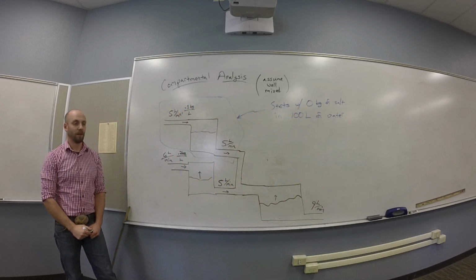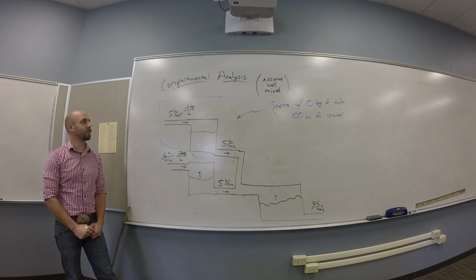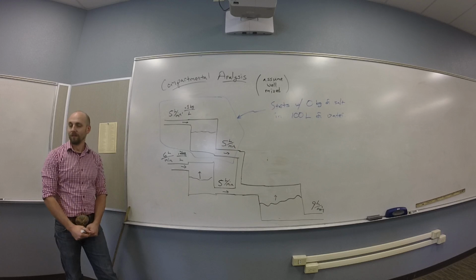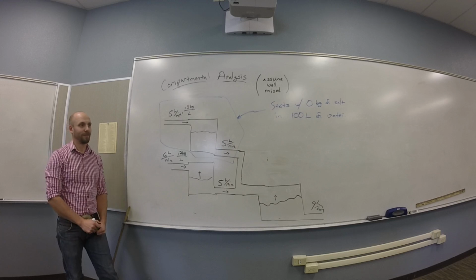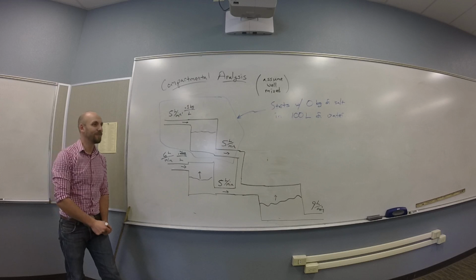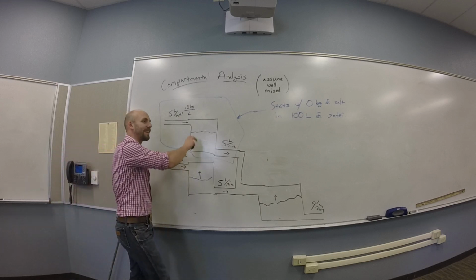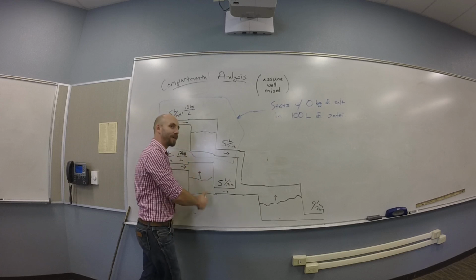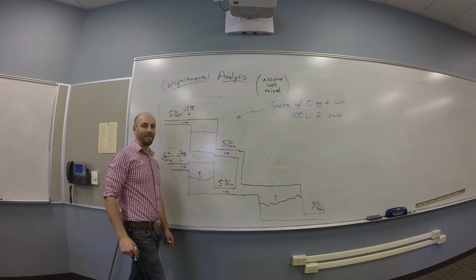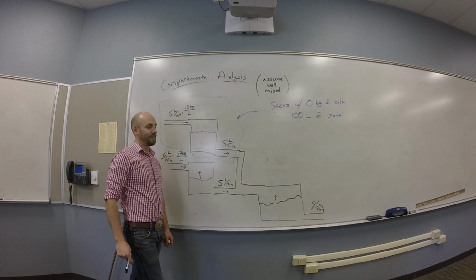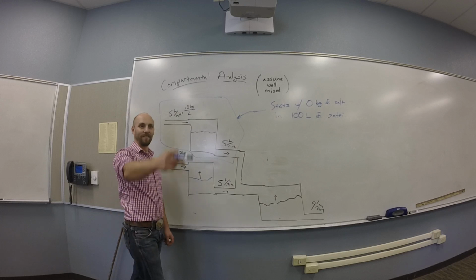Cool. Now, I think you guys have already kind of intuited the governing differential equation here. What is the thing you've been using to tell me that the tank is either staying with the same amount of stuff or getting more stuff? Difference between the rate in and rate out.